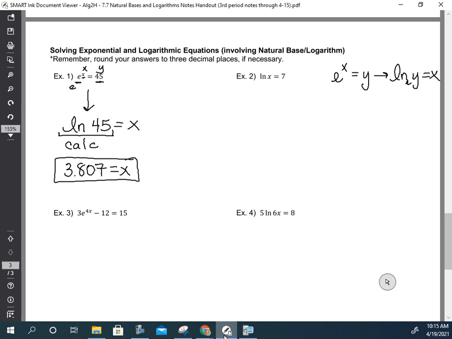That's it, problem over. So, basic rewrite for the natural base. Now let's do a basic rewrite for natural log. For natural log, ln x equals 7 is the same thing as ln base e of x equals 7. So we identify our components. There's your base. There's your y component. There's your x component.